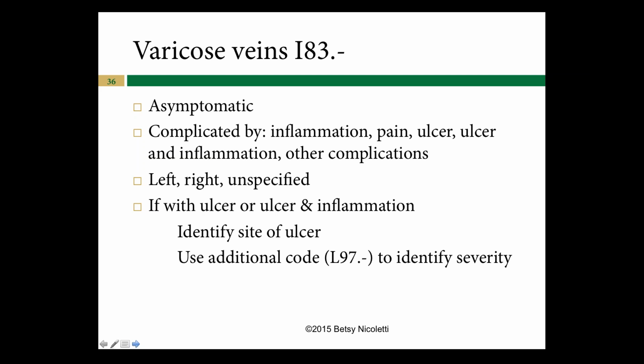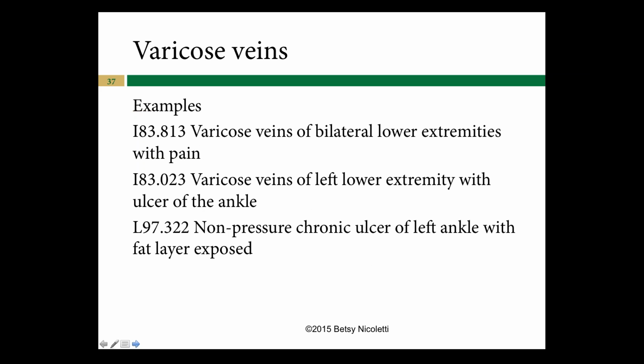And are they complicated by inflammation, pain, ulcer and pain, or other complications? And of course, if with ulcer, we're going to identify the site of the ulcer and use an additional code. And we're going to talk about ulcers, pressure and non-pressure ulcers later on in this session. So I'm going to come back to that. But here are some examples.